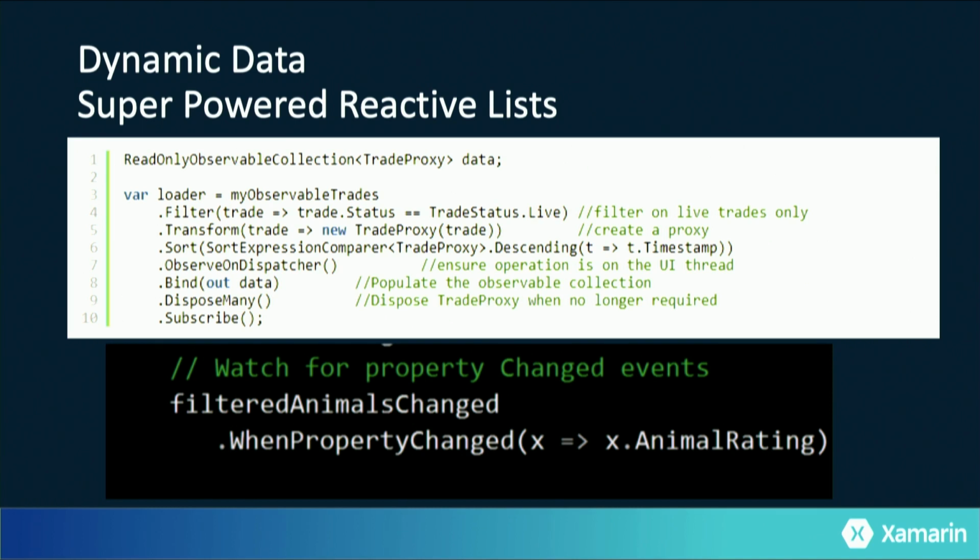The idea there is that the lifetime of the observable is an aspect of the subscription. When you subscribe to it, you get back a disposable, and anytime you get a disposable from something, you know that you have to dispose of it, right? That's the paradigm that we use.